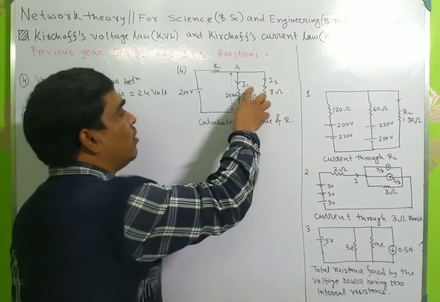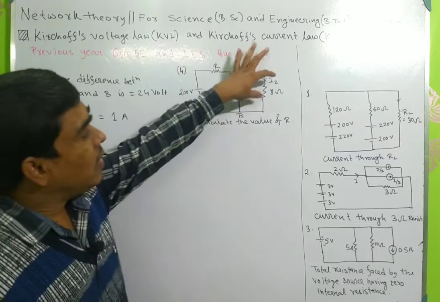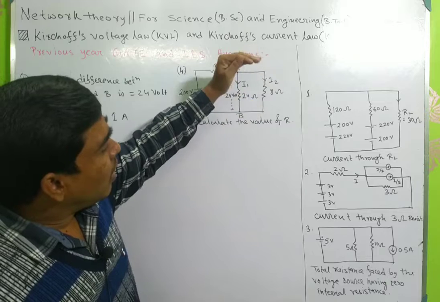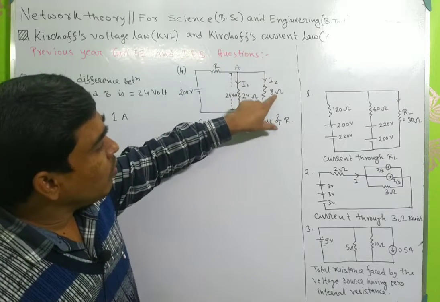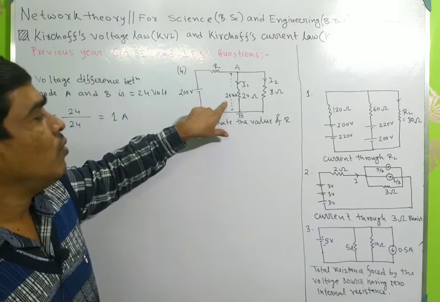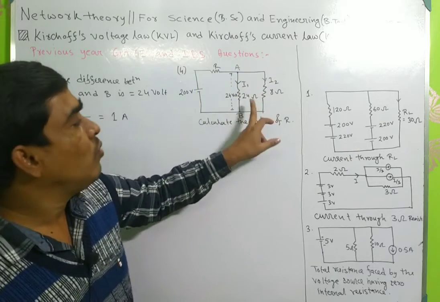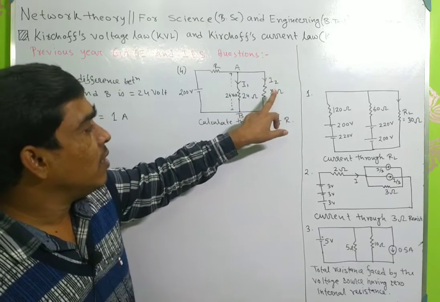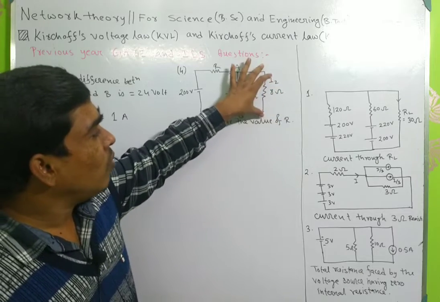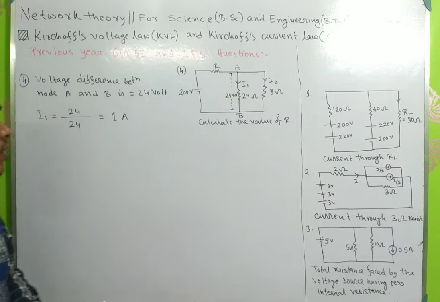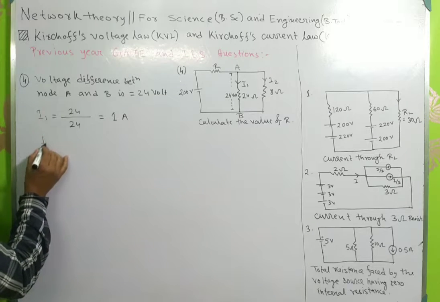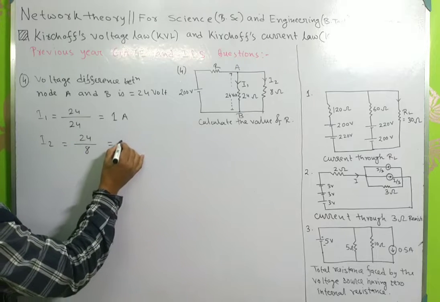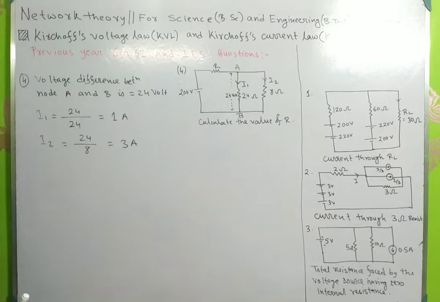And the voltage across this 8 ohm resistance is also 24 volt, because these two resistances are in parallel. That's why the 8 ohm resistance also feels the same voltage. So I2 will be 24 divided by 8, so it will be 3 ampere.